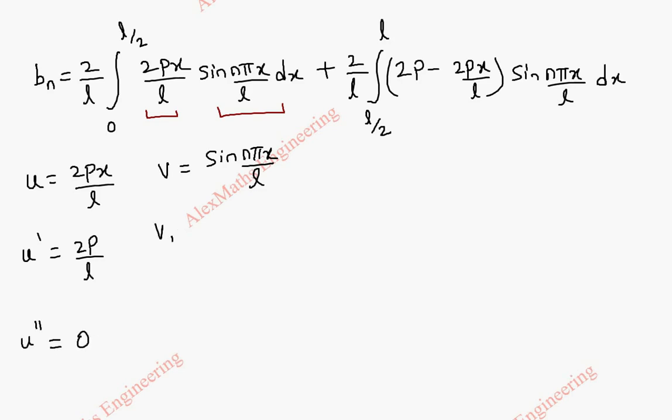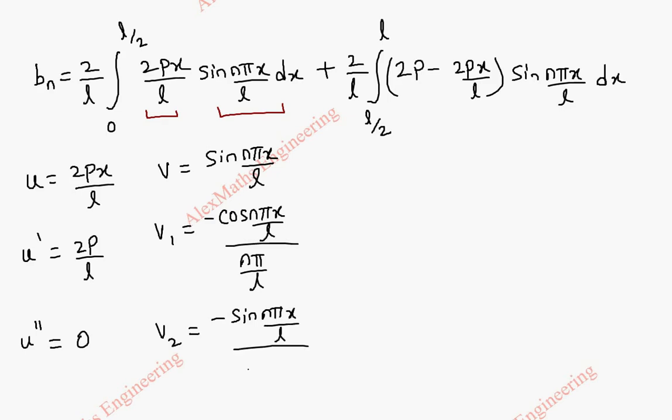Successive integration we have to do, so v1 is minus cos n pi x by L by n pi by L, and v2 will be minus sine n pi x by L by n pi by L whole square.